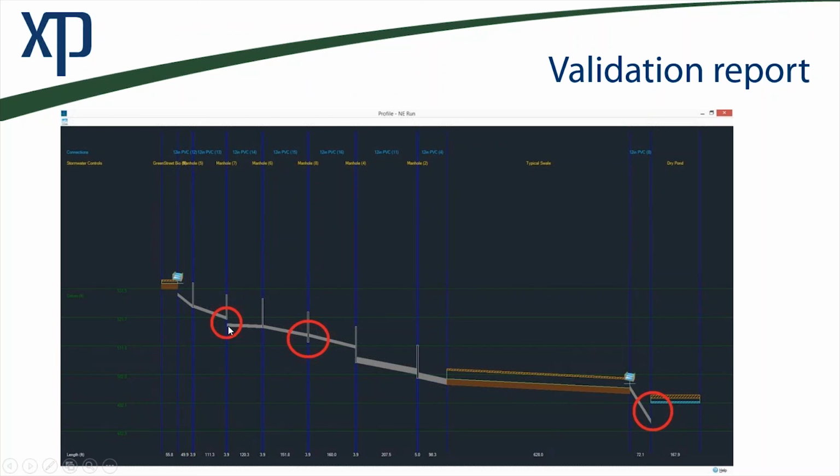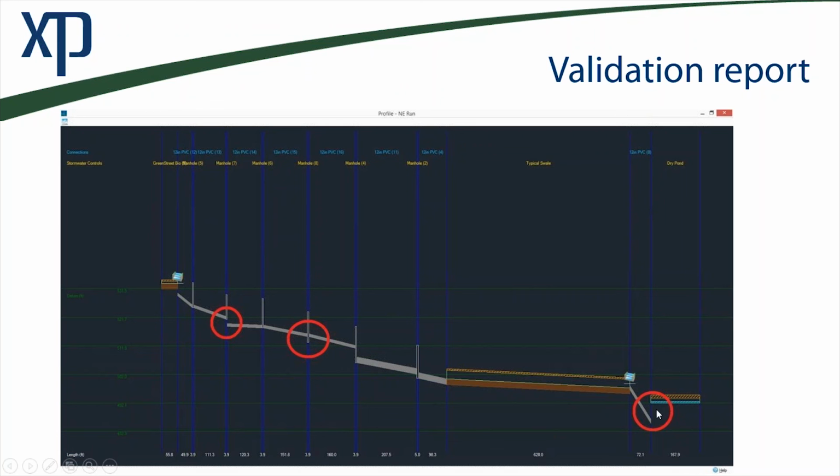We've got an outgoing connection that's actually lower than our manhole invert level. Here we've got a manhole invert level that's lower than all of the connections coming into and going out from it. This may be valid, this may be a sump, but the report's just giving us a warning in case we want to make a change.